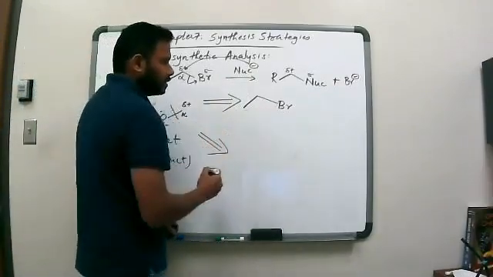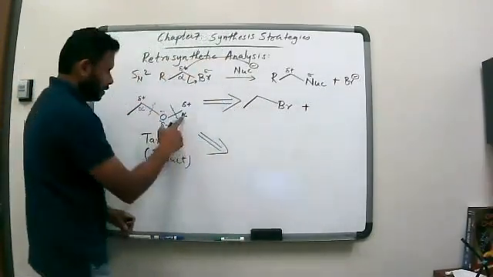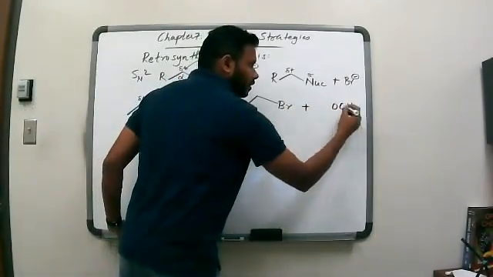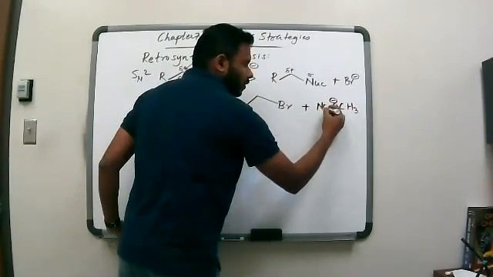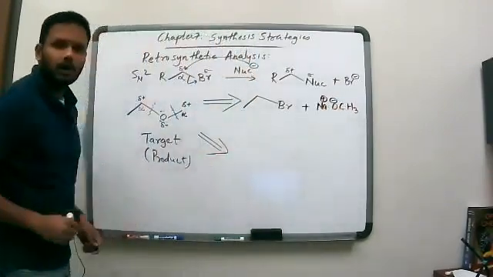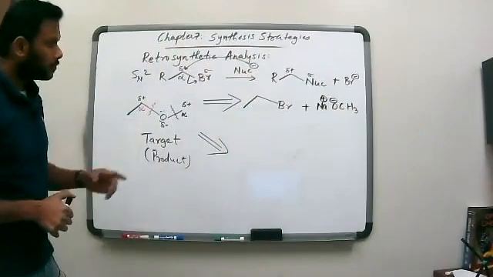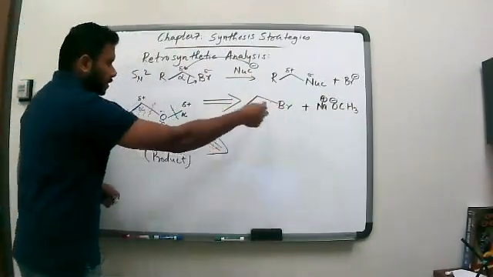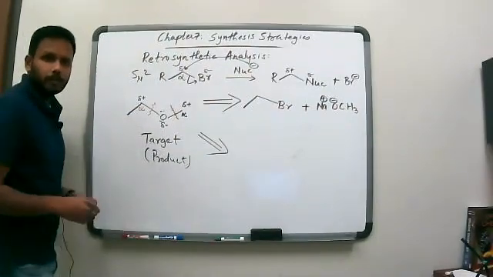So this alkyl halide plus OCH3 with a negative charge on that oxygen, sodium methoxide essentially. When they react with each other, it would give me this product.